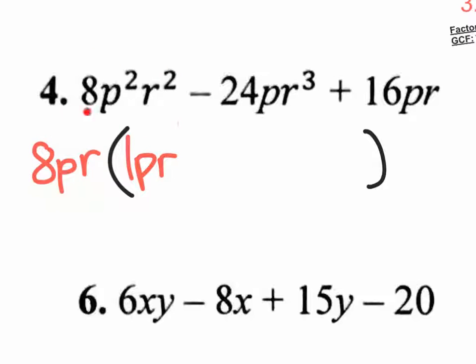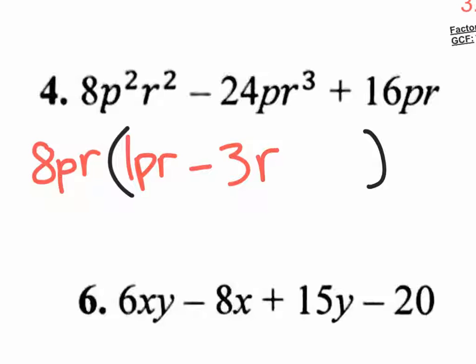Now let's go for the next one. 8 times what gets us a minus 24? Well, that would be a minus 3, right? 8 times minus 3 is minus 24. And then p times what gets us p? You don't need to put another p. It's already there. And the r times what gets us r squared? R cubed.